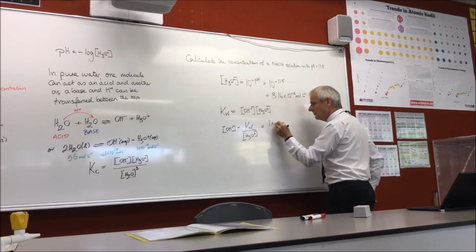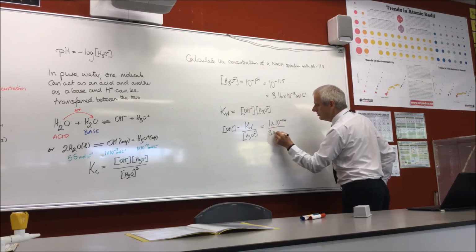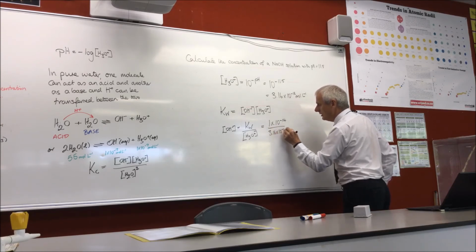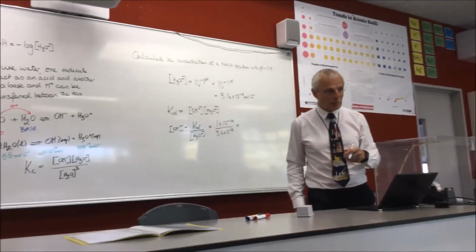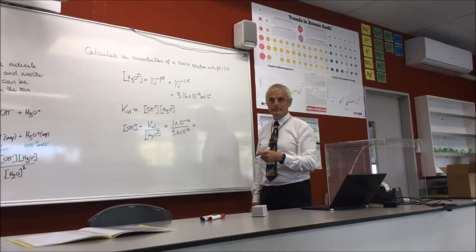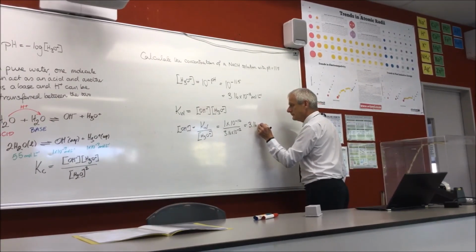That's 1 times 10 to the minus 14, divided by 3.16 times 10 to the minus 12. Use brackets. Use lots of brackets. 3.165 times 10 to the power of negative 3.